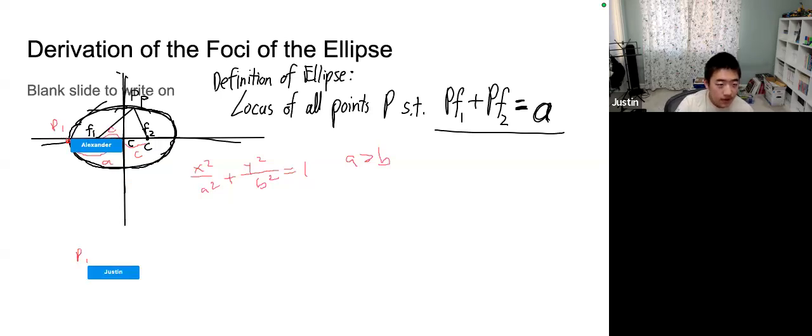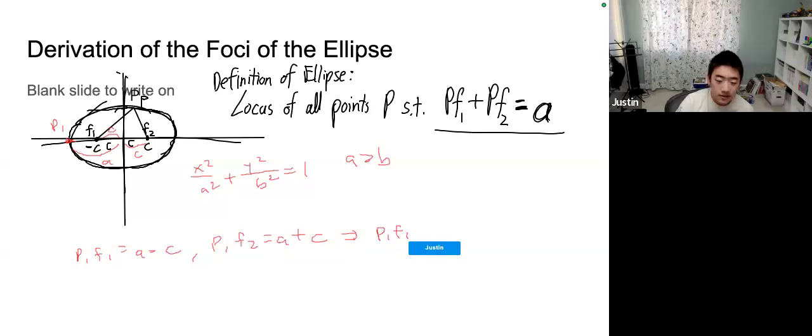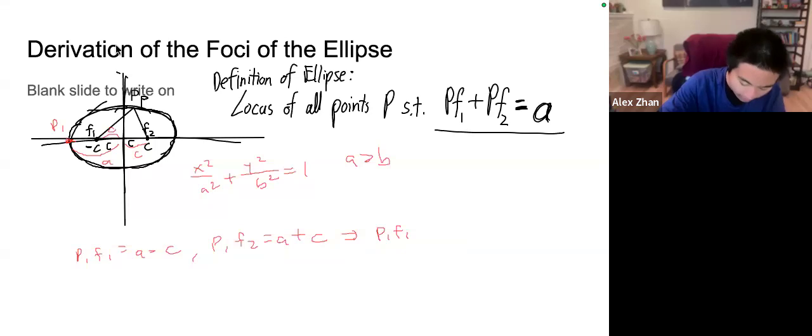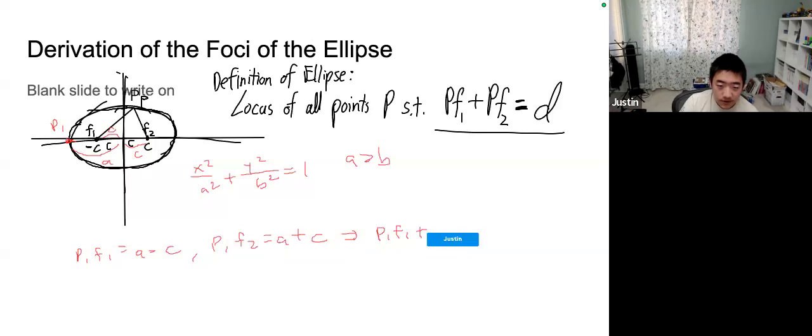That means P1F1 equals a minus c, and P1F2 equals a plus c. So the sum is 2a. Since we've repeated variables, let's call this D for now. So P1F1 plus P1F2 equals 2a, which is equal to D.